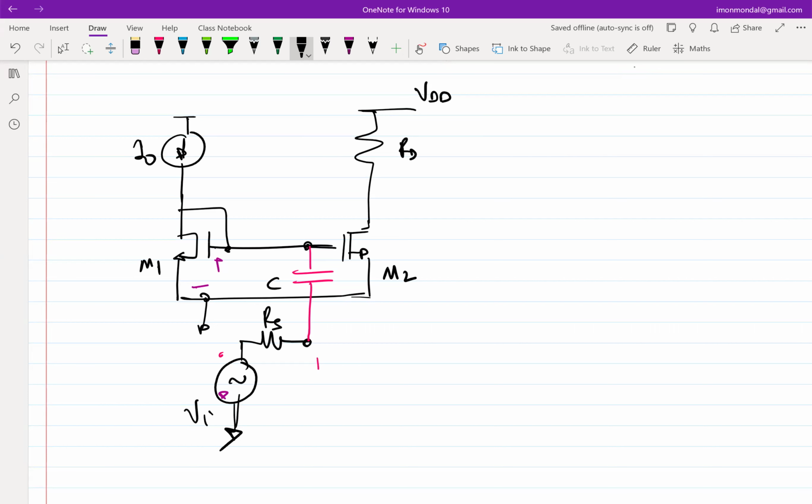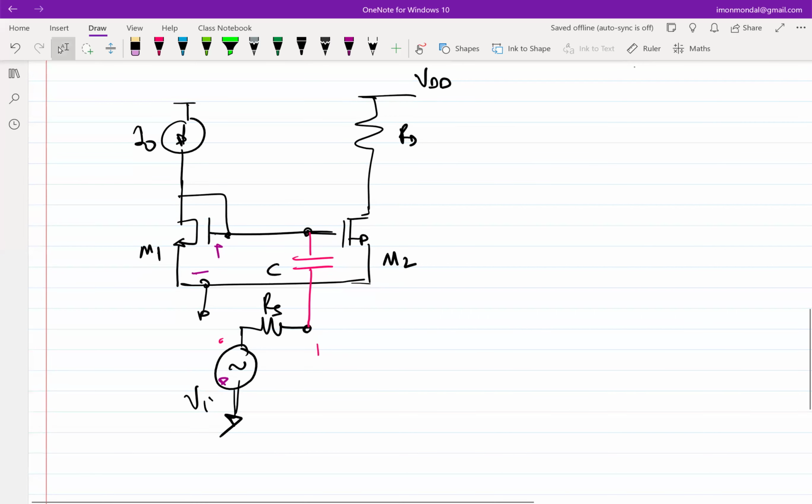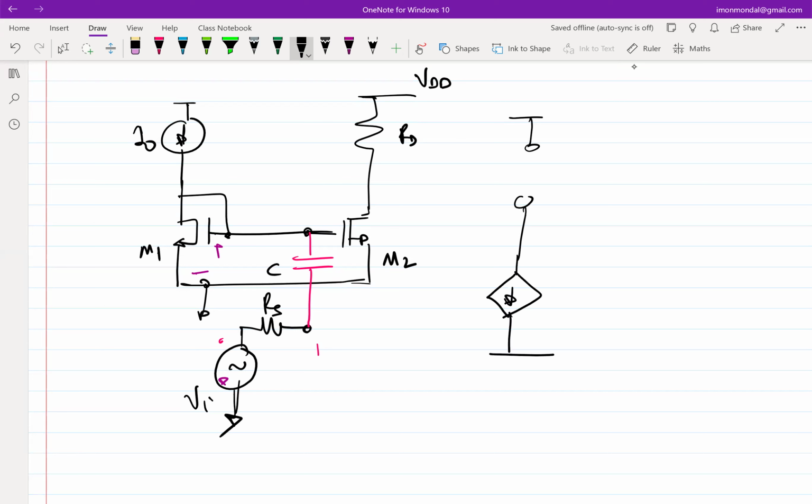So let's draw the incremental network for this case, when we are trying to figure out the resistance across the capacitor. Start from the left. So this is open. What do I replace M1 with? This is the gate, this is the source. So this is gm VGS.